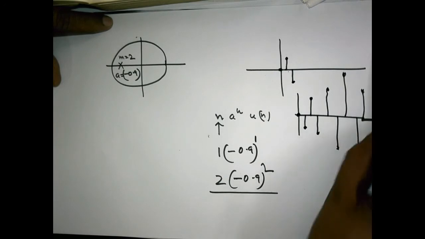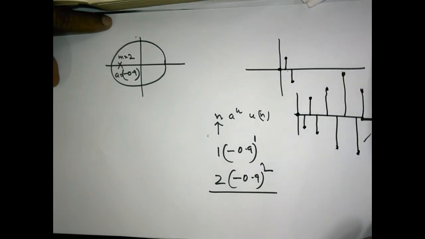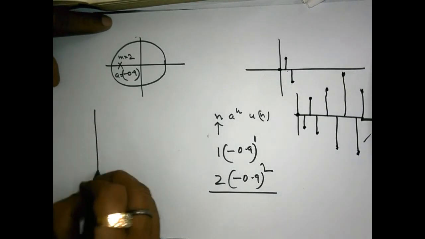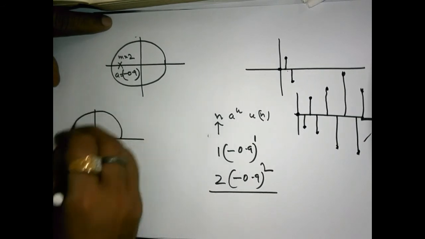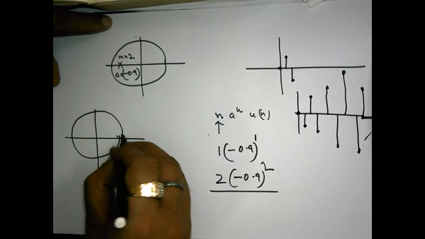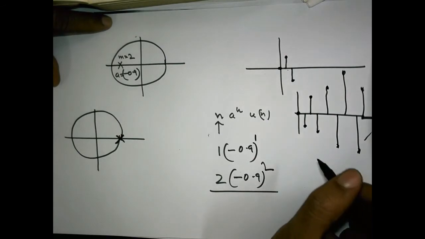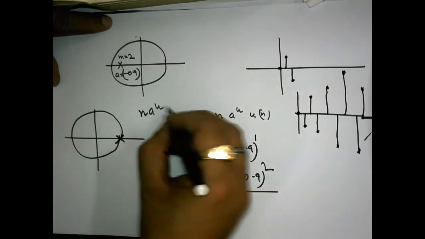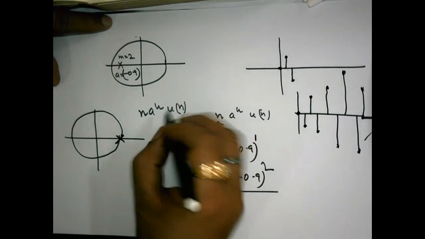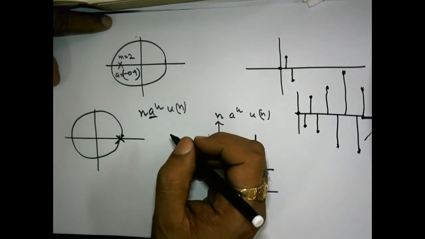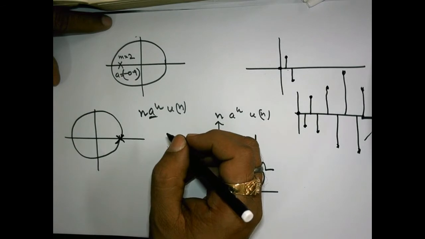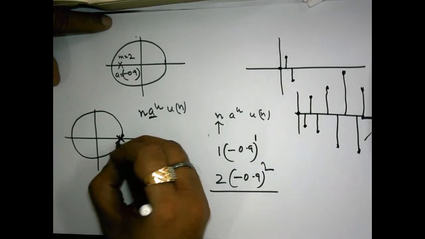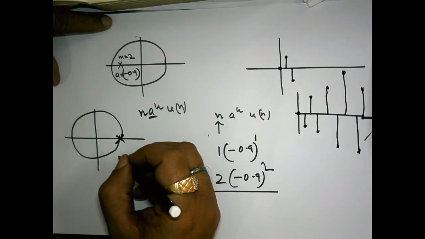It decays. Now, if a multiple pole is observed on the unit circle, the signal is n a^n u[n], and naturally a will have the value 1. A pole on the unit circle means a equal to 1.